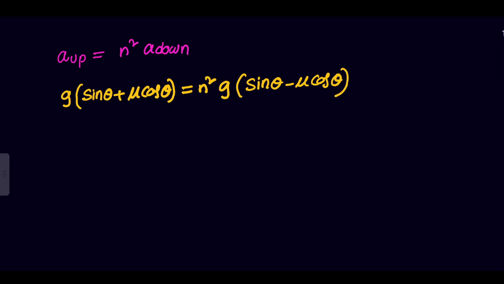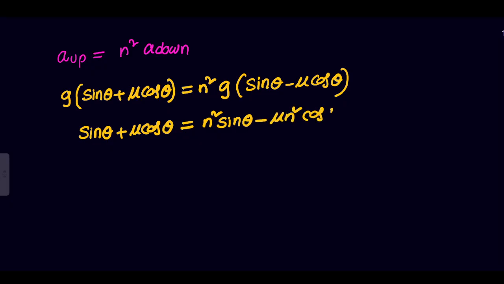Simplify to get the mu value. g will get cancelled on both sides. Then sine theta plus mu cos theta equals n square sine theta minus mu n square cos theta.